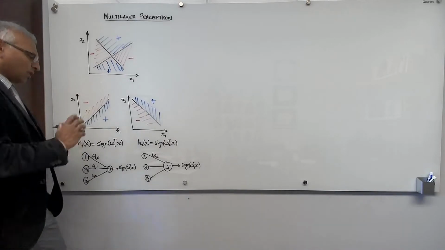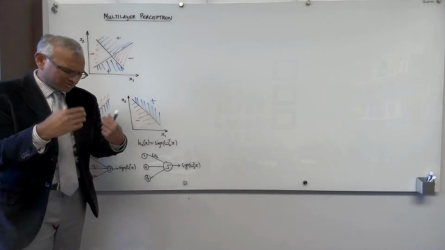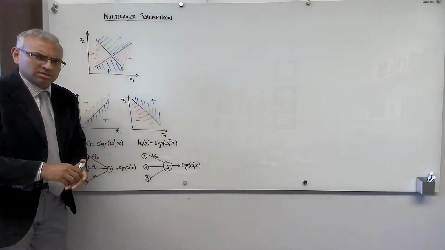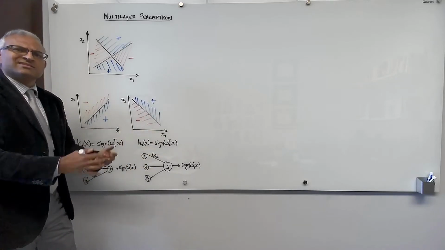Now, you might wonder, well, why did I decompose this complex function into simpler things? Because as usual, when you try to solve a complicated problem, first analyze its simpler parts.